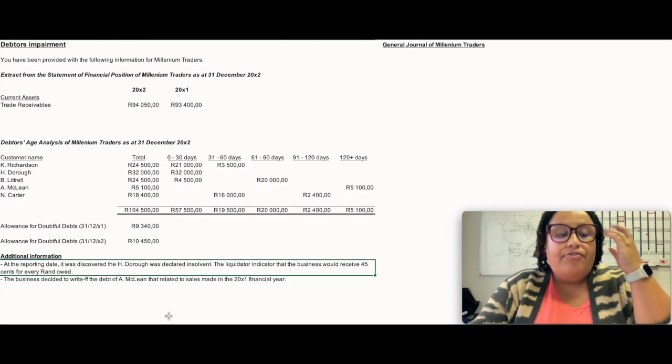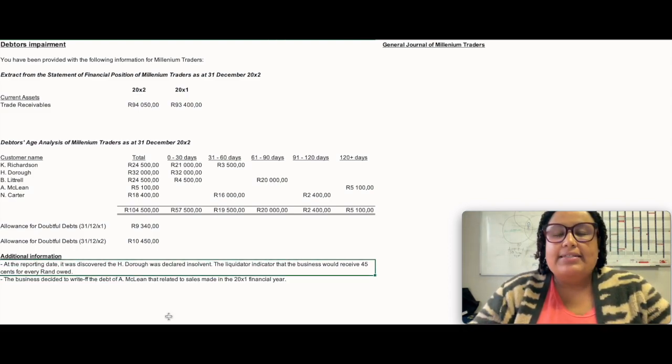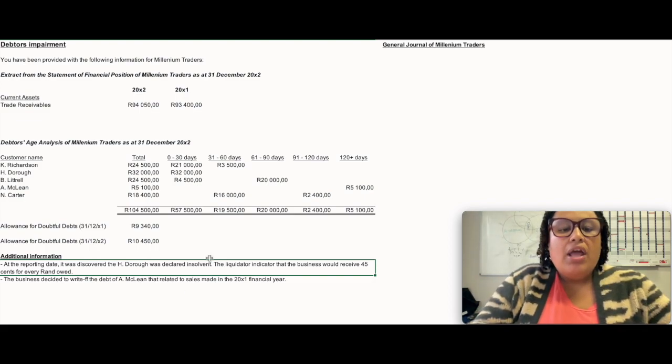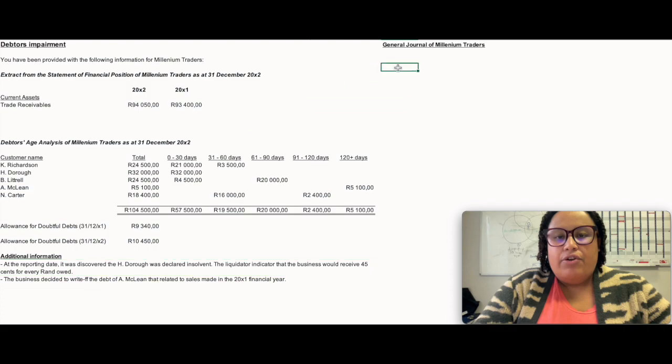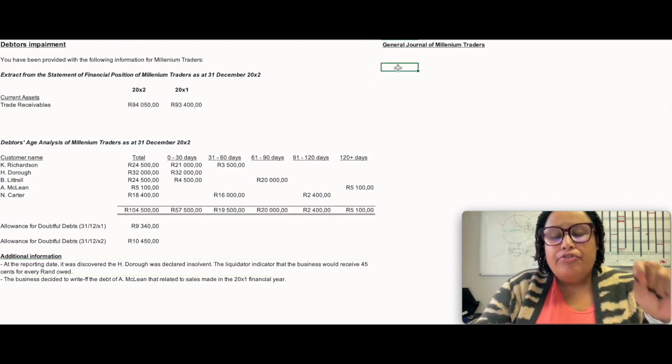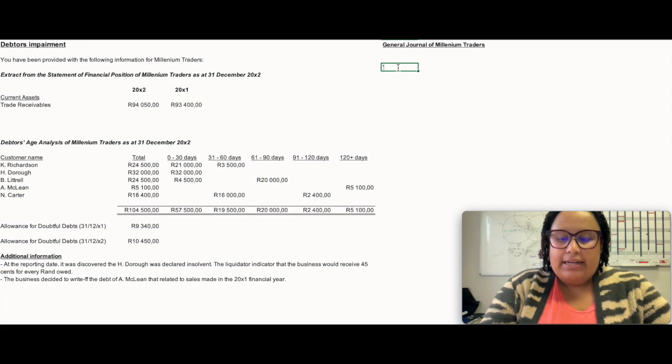If we look at the first additional information point, which is the insolvency of H2O, the liquidator has informed us that the business is only going to be receiving 45 cents for every rand. That means that there's 55 cents in every rand that the business is not receiving. So if we were to calculate the write down, we would calculate it as follows.